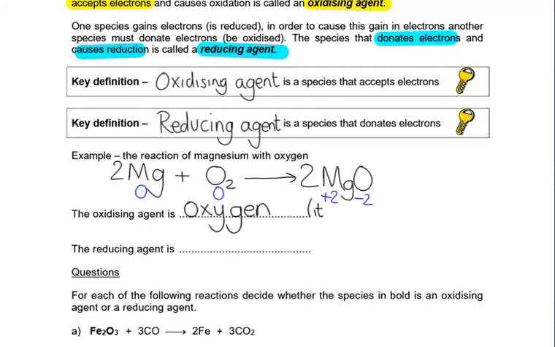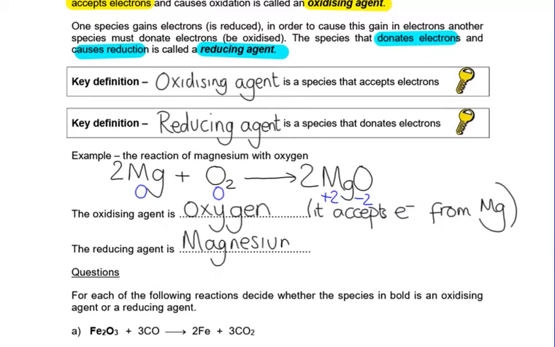So it accepts electrons from Mg. And the reducing agent is the magnesium, because it donates electrons to the oxygen.